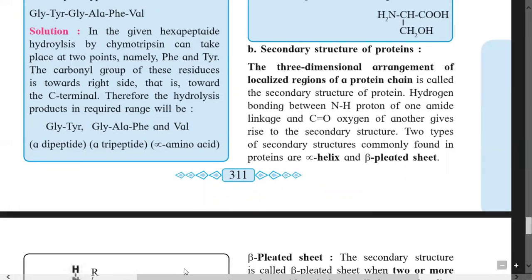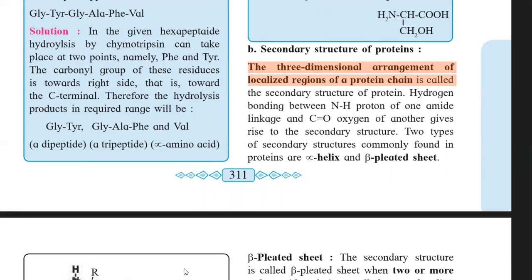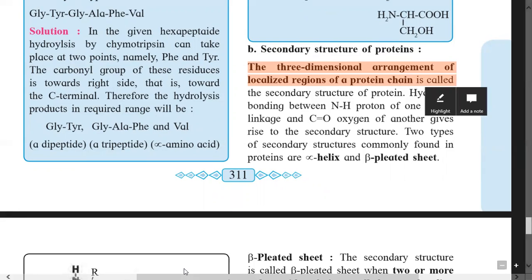Now we will study the secondary structure of protein. So what is the secondary structure of protein? It is the 3D arrangement of localized regions of the protein chain.